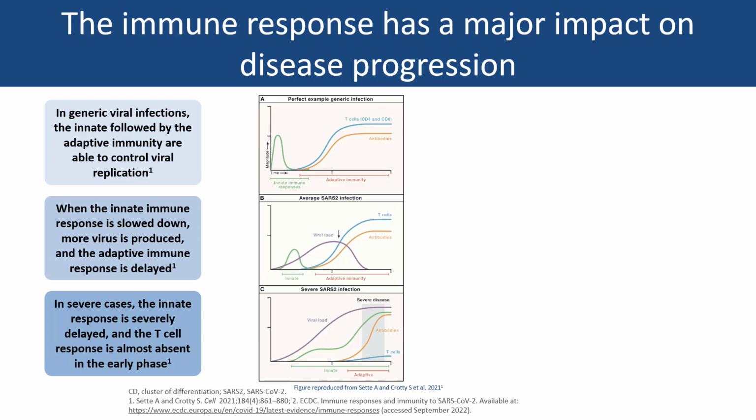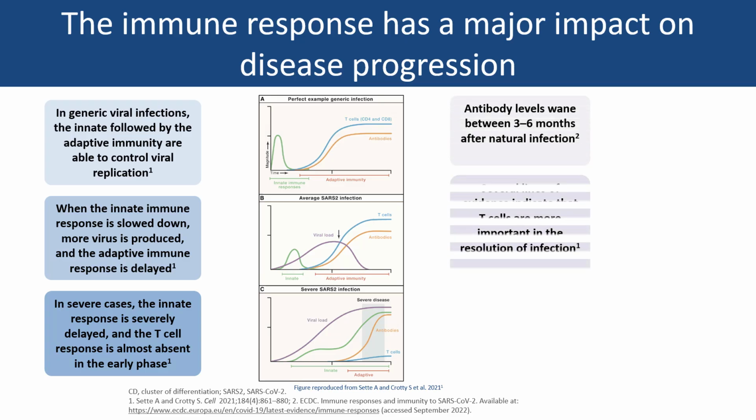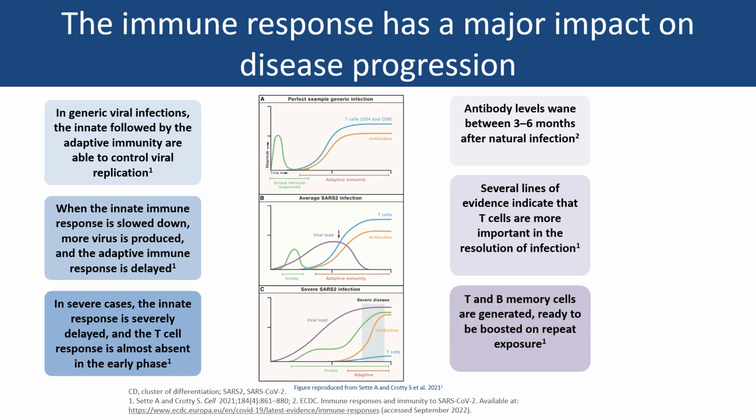For SARS-CoV-2 infection, specific antibodies that are generated wane between 3 to 6 months after natural infection. There are several lines of evidence that indicate that T cells are more important in the resolution of infection.